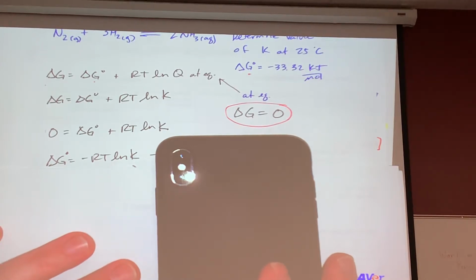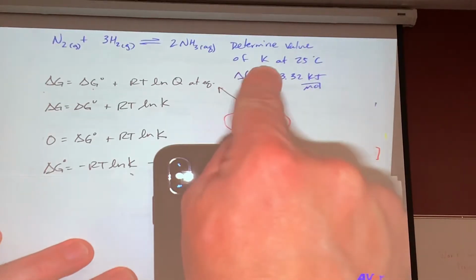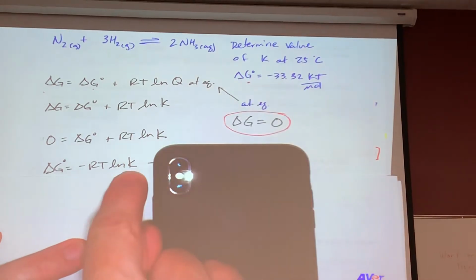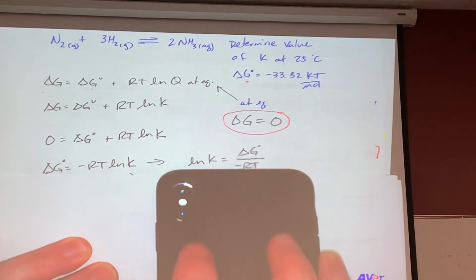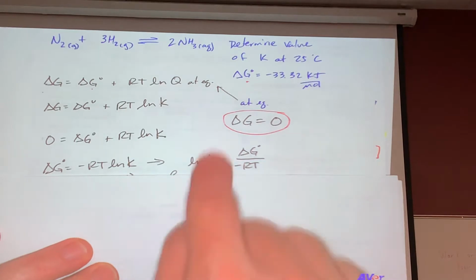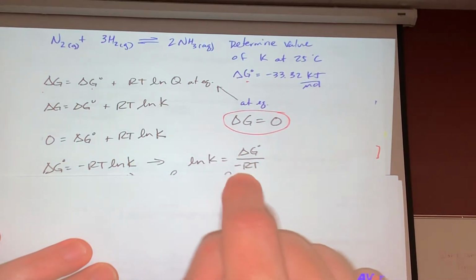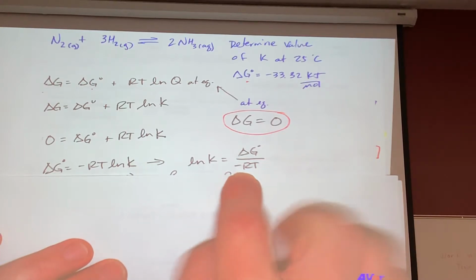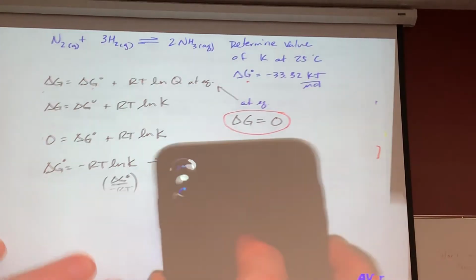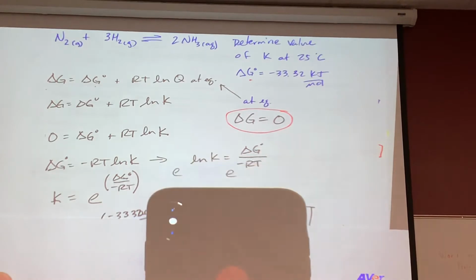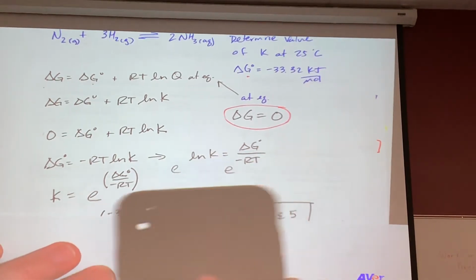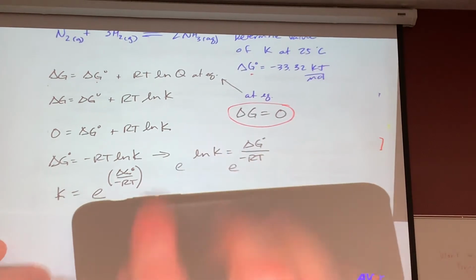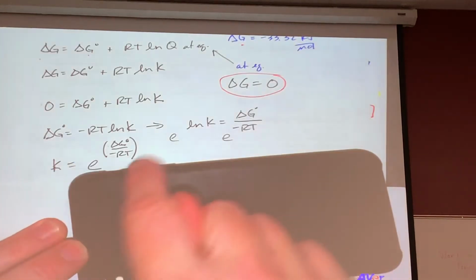And then since you're after, in this case, just the value of K, you need to isolate that term. I do that by dividing both sides by negative RT, and I get this one. And then to get rid of the natural log part of it, I raise e to both sides, and I get this term right there.